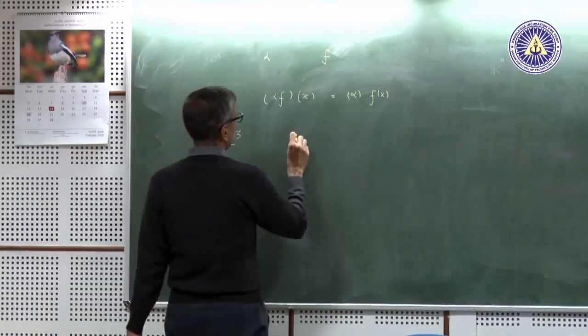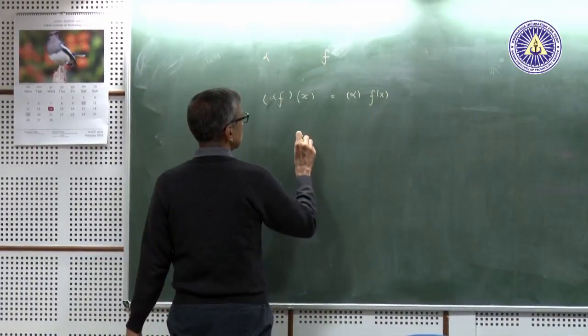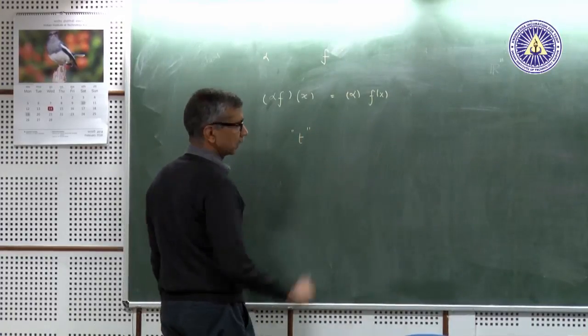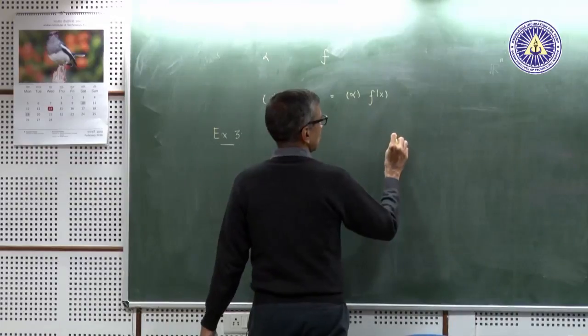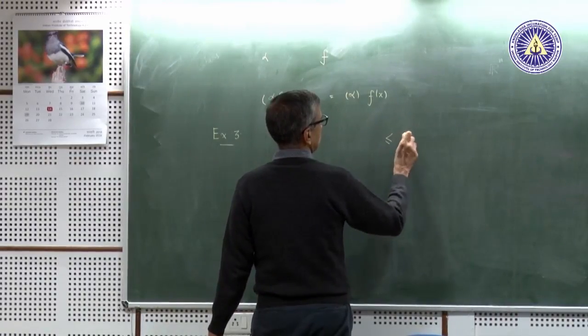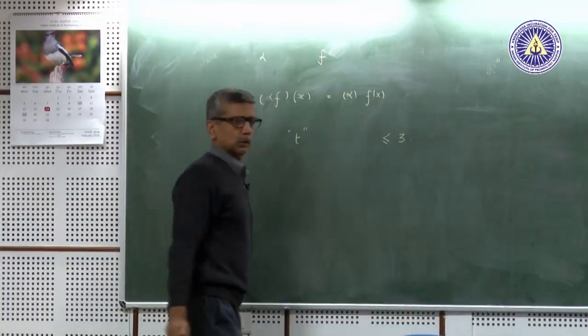So consider polynomials in the indeterminate t, polynomials expressed in t of order less than or equal to 3. So how do they look?